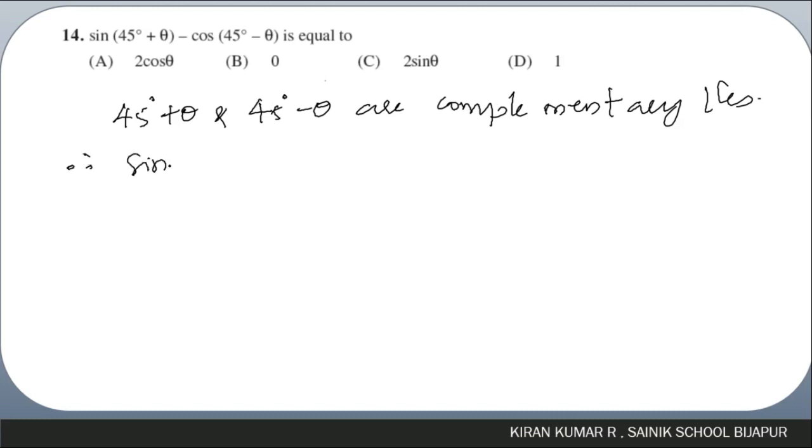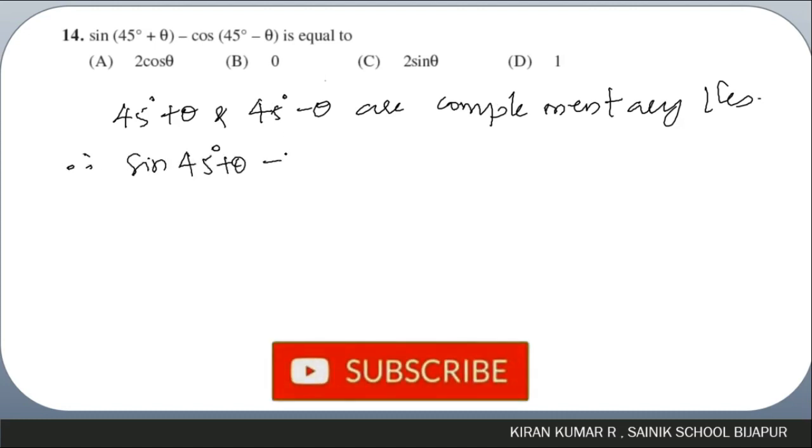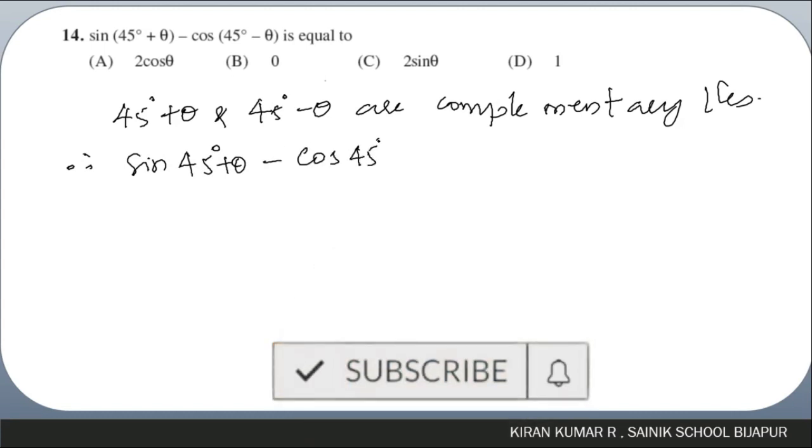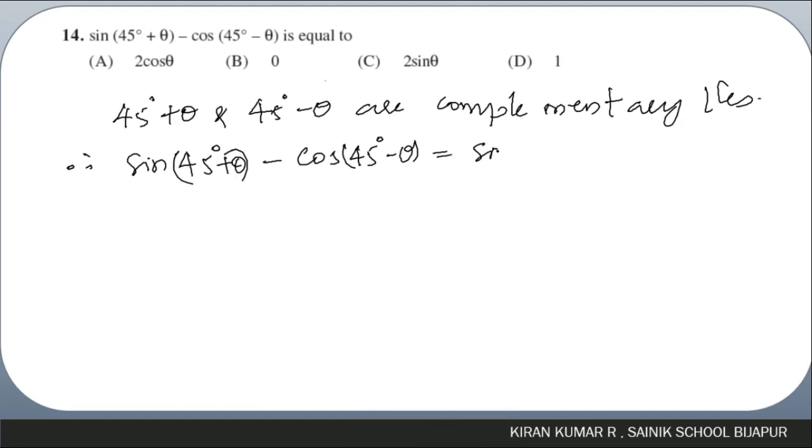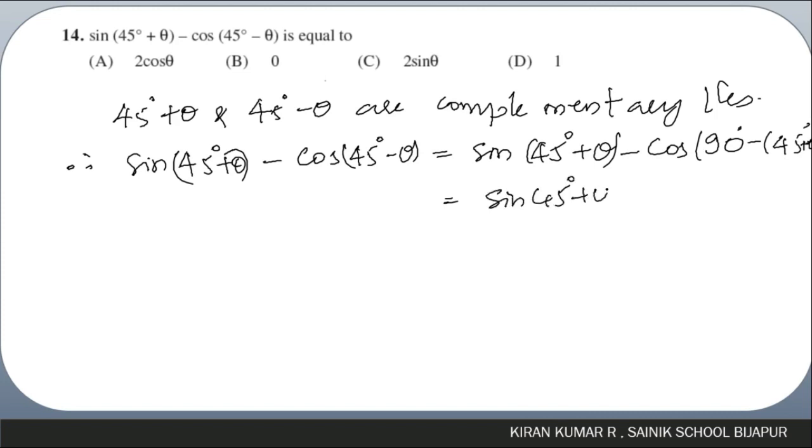Therefore, sin of 45 degree plus theta minus cos of 45 degree minus theta will be equal to sin of 45 degree plus theta minus cos of, I'll write 90 degree minus 45 plus theta. This is same as sin 45 degree plus theta minus sin 45 degree plus theta. Therefore, this becomes equal to 0. Option B is the right answer.